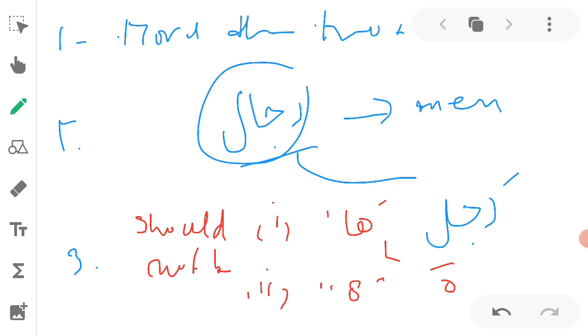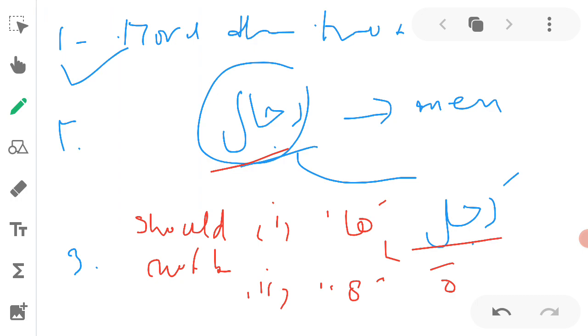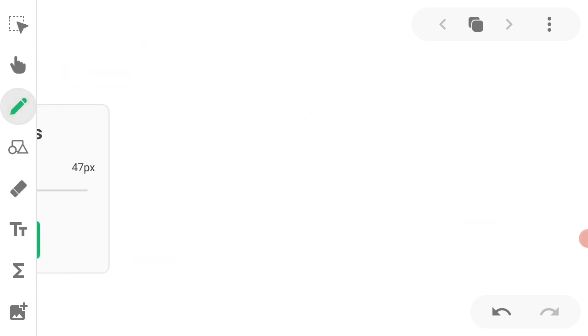So the only difference between the singular and plural shouldn't be based on ta tanis or ya nisba, and there's no ta here anyway. So it meets all the three conditions. That's why it is a normal plural in Arabic language, al-jam'. Okay, let's take some more examples. Maybe we'll make another video for the other two types if it goes over time.